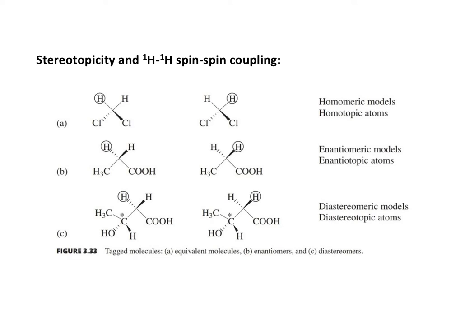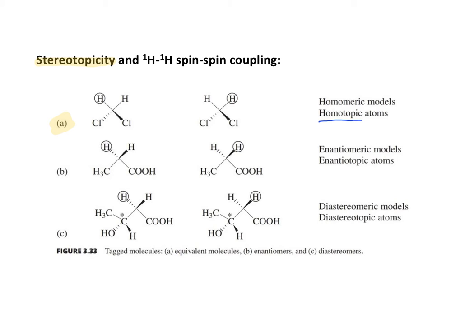This video focuses on stereotopicity and the consequences of stereotopic relationships for chemical equivalence and chemical non-equivalence, as well as proton-proton spin-spin coupling. Compounds such as dichloromethane have homotopic atoms.